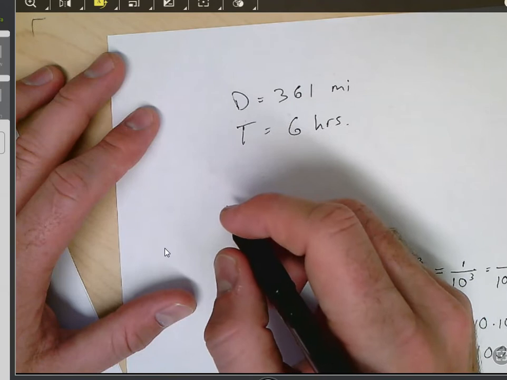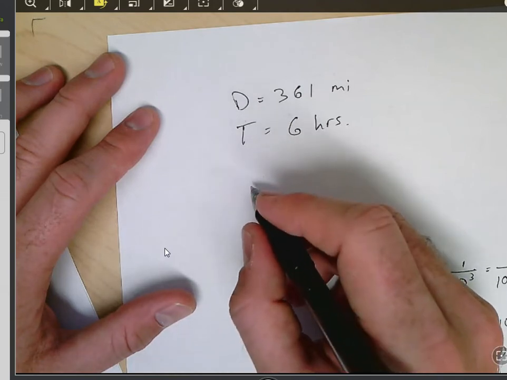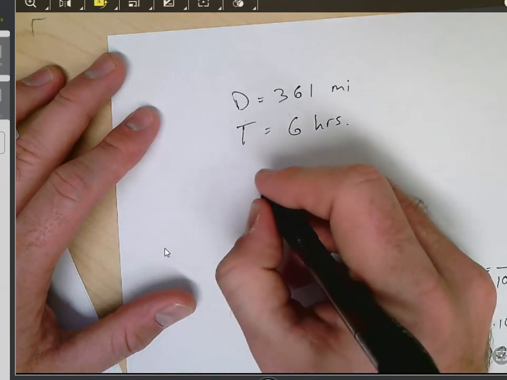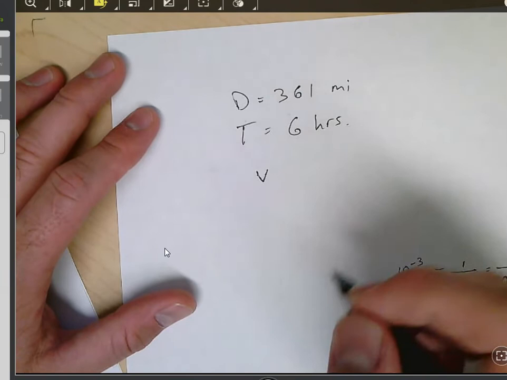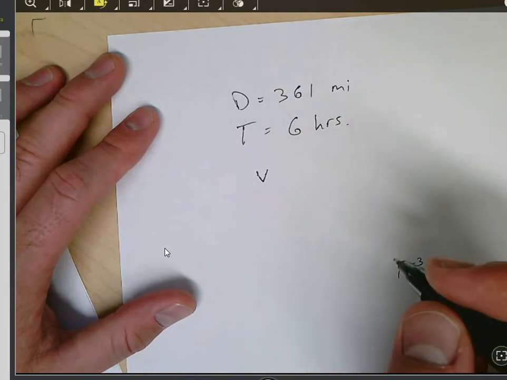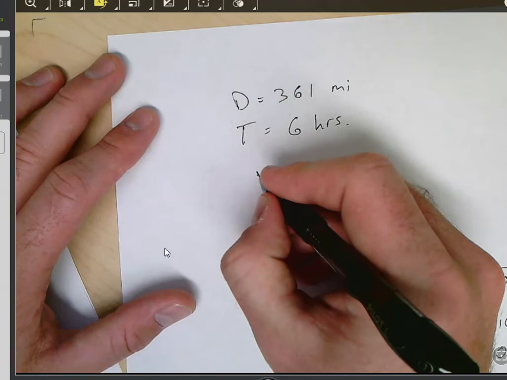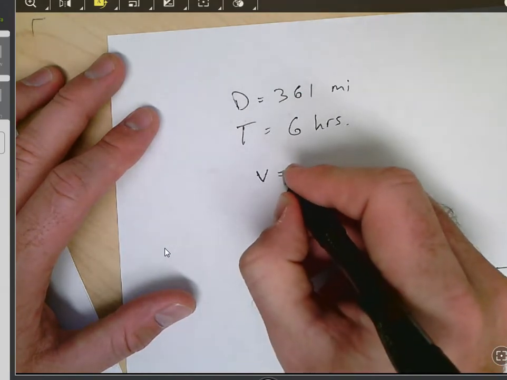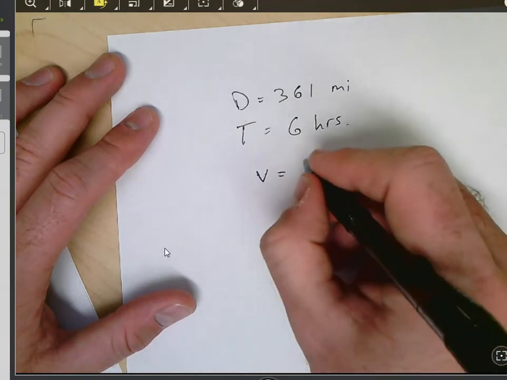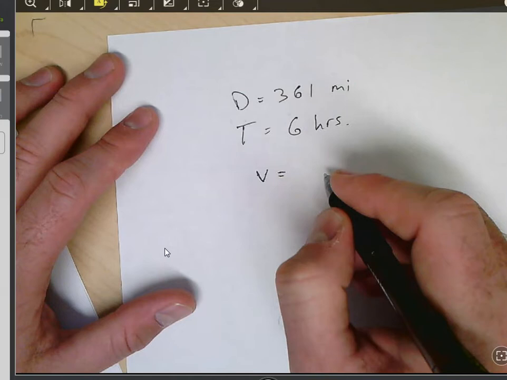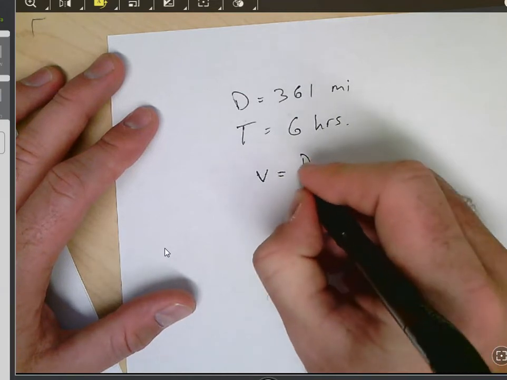So I know that speed, and I'm going to write that speed as a V. It stands for velocity, and velocity is just a speed with a direction. And that velocity, or speed, is going to be equal to a distance per time, so miles per hour. So I need to do a distance per time.